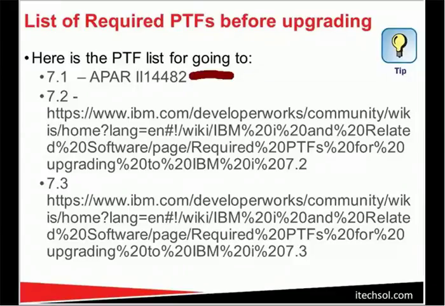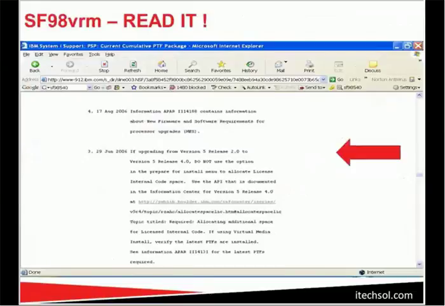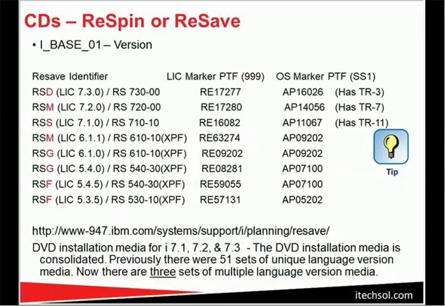If I'm going to 7.2, that would be the URL that I want to copy and paste. I can't remember anything past HTTPS. That's a heck of a URL. But this is where you'll find the required PTFs. You'll also find them in the document that we have in there. This is just a copy of the preventive service planning information. You definitely want to pull that and read that.